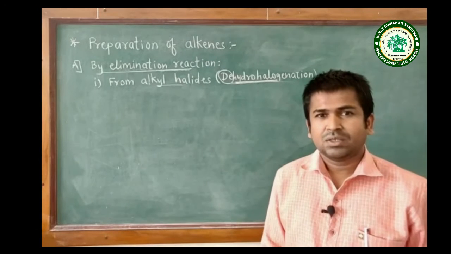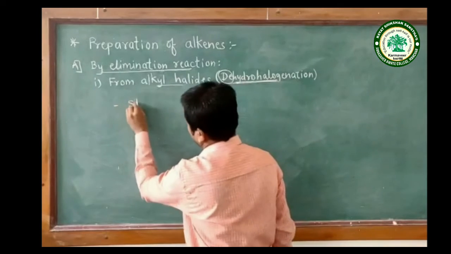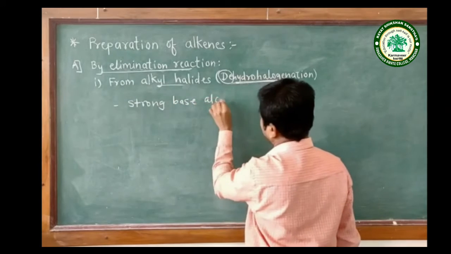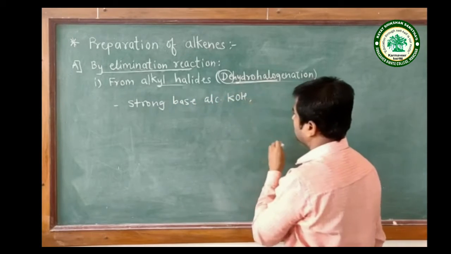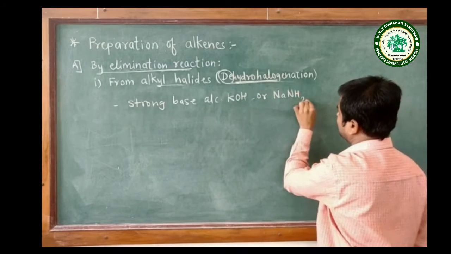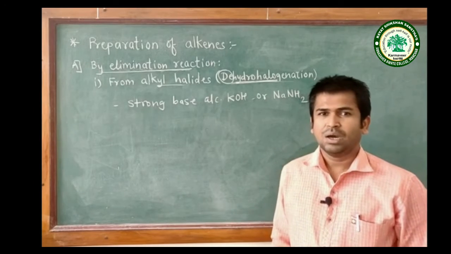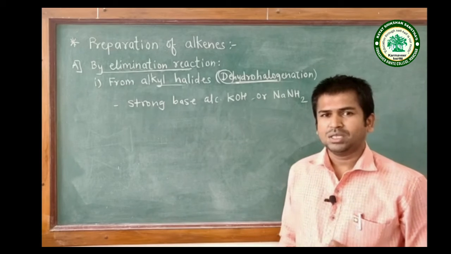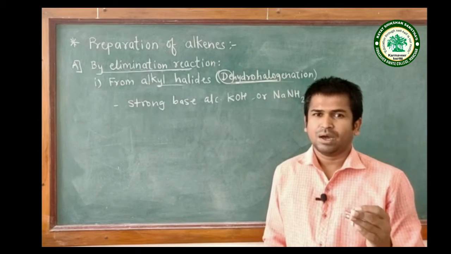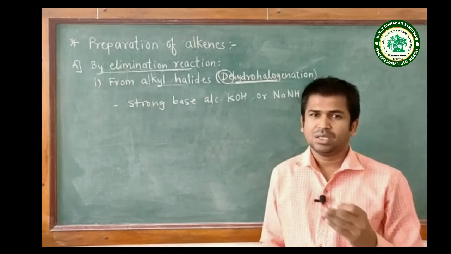So alkyl halides, on heating with strong base like alcoholic KOH or sodamide, undergo elimination and form alkene. In this reaction, halogen atom from alpha carbon and hydrogen atom from beta carbon is eliminated.